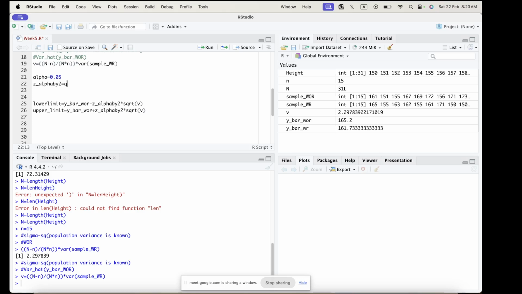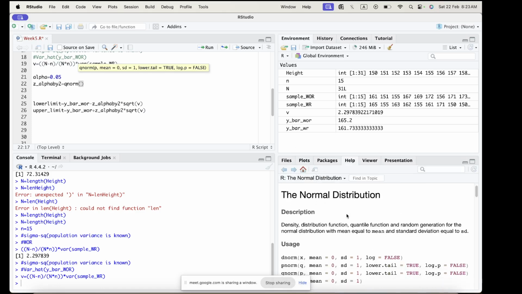This is actually calculated by this quantile function called qnorm. Okay, qnorm gives me that point below which the area is P, because the default value is lower.tail equal to TRUE.